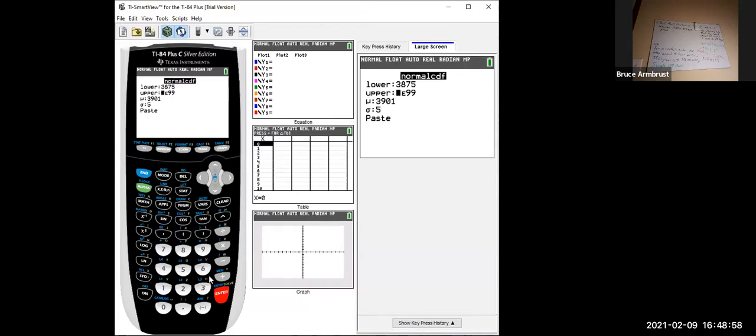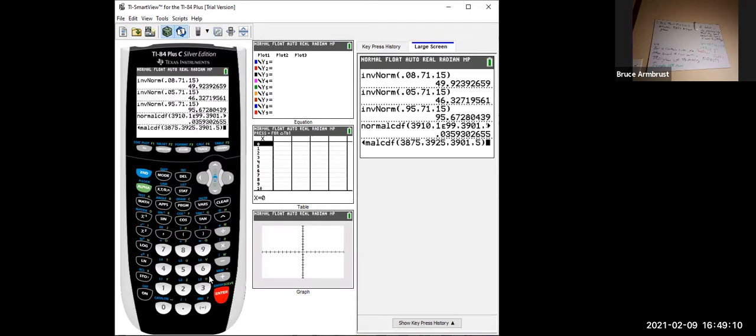Our upper bound is 3925. And we're going to use the same mean and the same standard deviation. All right, so does that look right? 3875, 3925, 3901.5, hit enter.